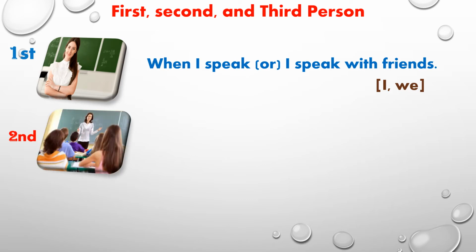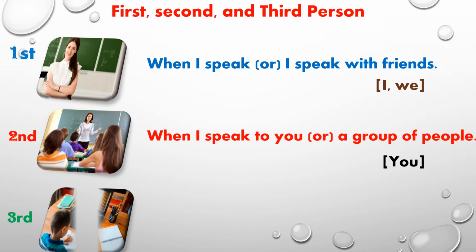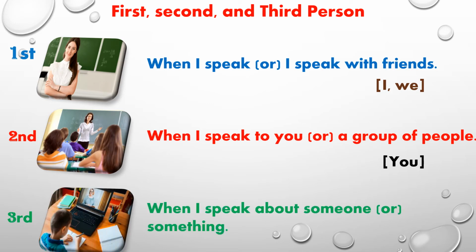Second person, when I speak to you or a group of people, it's called second person. You, second person singular or plural. Third person, when I speak about someone or something, it's called third person. He, she, it, third person singular. They, third person plural.